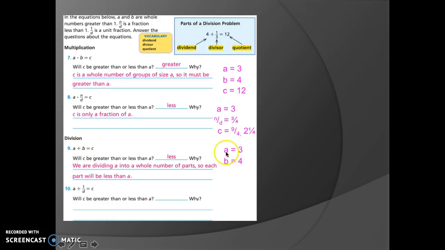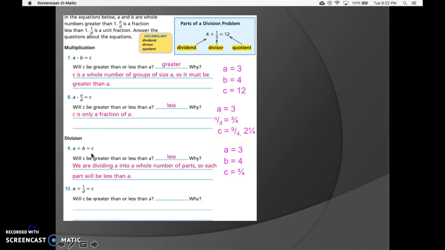So for example, if we had 3 waffles and divided them by 4 people, each person is going to get 3/4 of a waffle. So we're dividing up what we started with. Even if I had 6 divided by 3 equals 2. So again, 2 is going to be less than the 6 I started with.